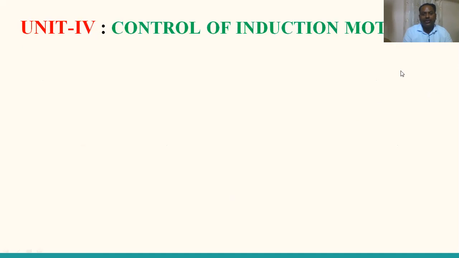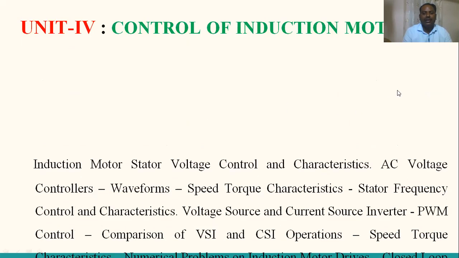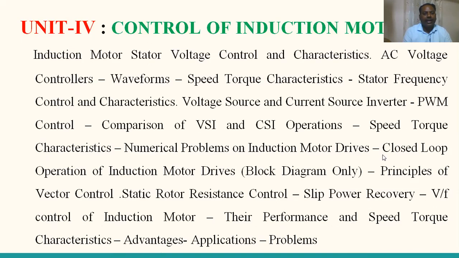And similarly, we can go for unit number 4, which is the control of induction motors. The induction motor you have already studied; it purely belongs to the AC drive. Induction motor speed control is done on the stator side as well as the rotor side.